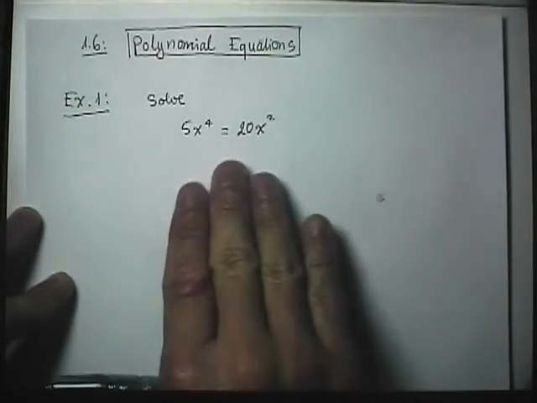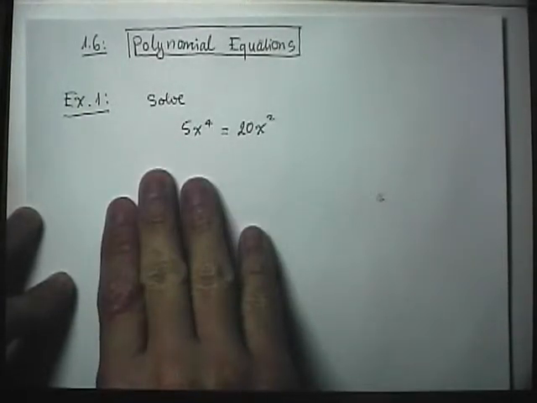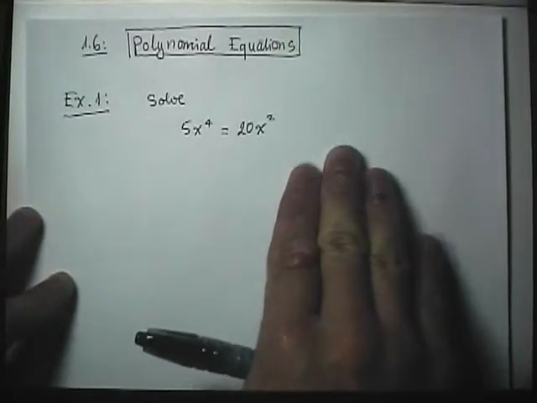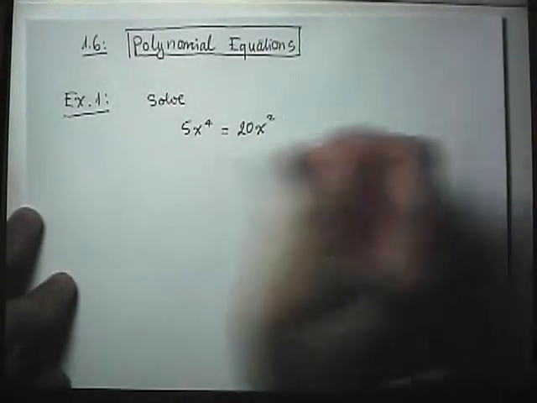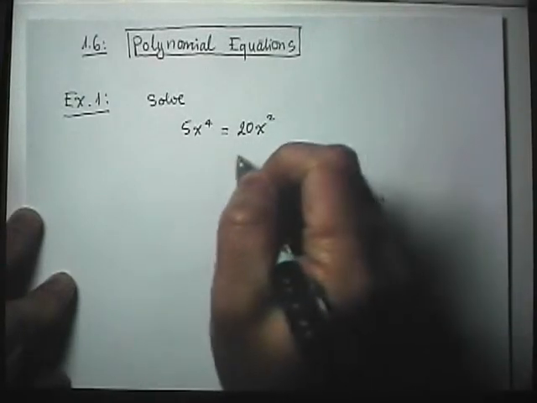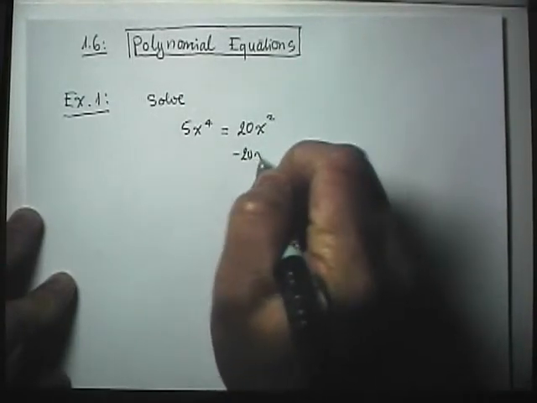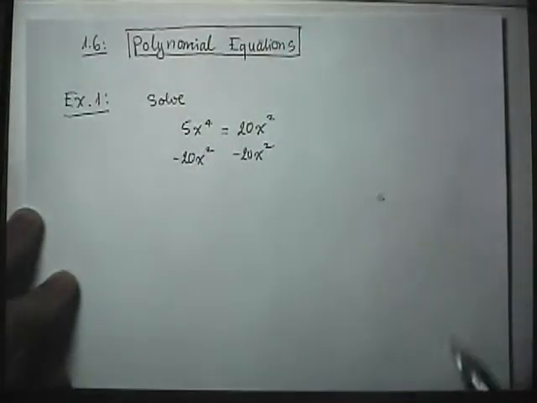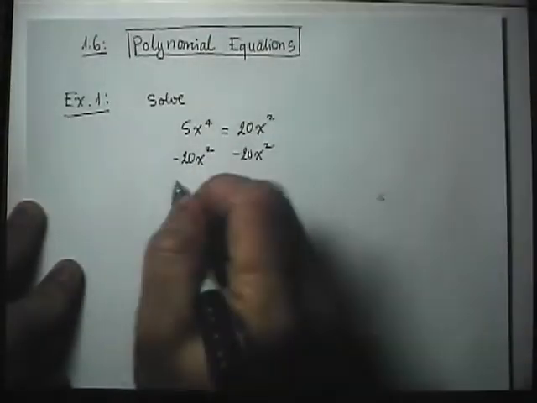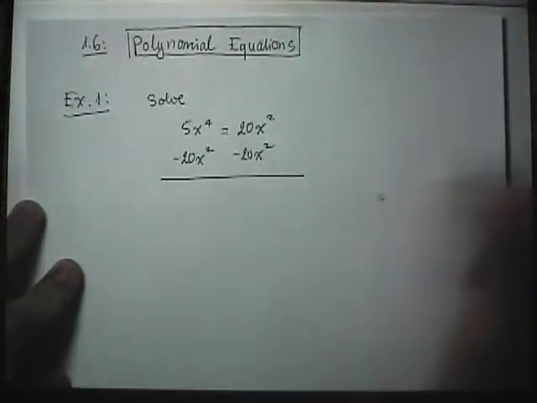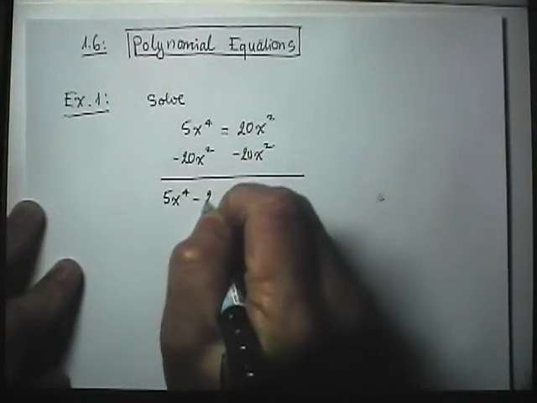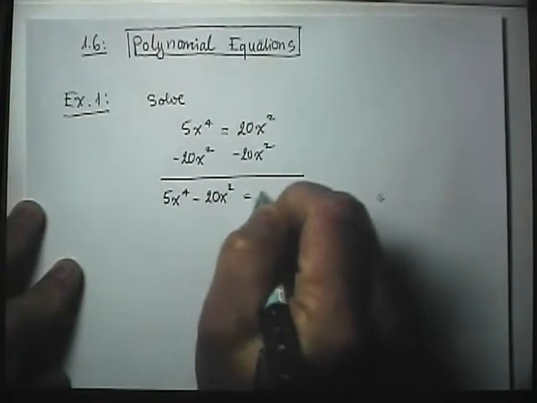I prefer to leave all the terms on the left side and leave a 0 on the right-hand side. So I subtract 20x squared from both sides, and my equation turns out to be 5x to the 4th minus 20x squared equals 0.